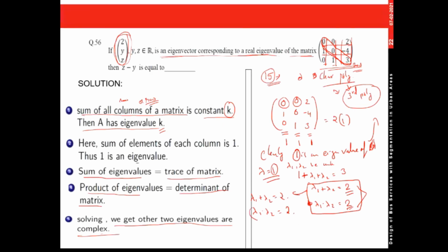If you want to show that, I can take lambda 2 equal to 2 by lambda 1.